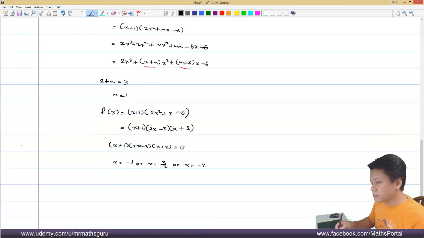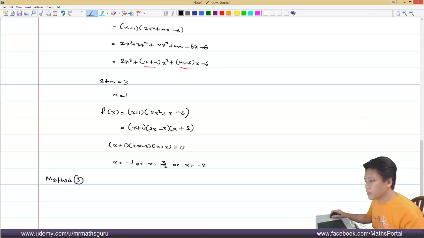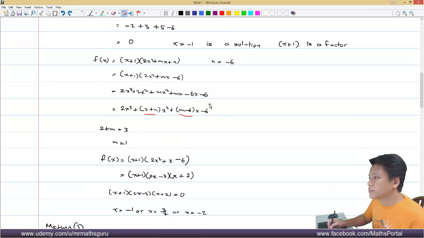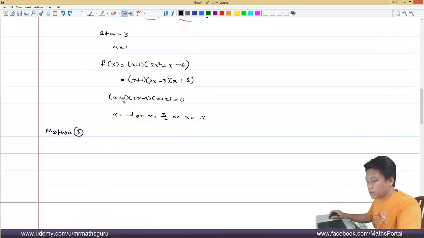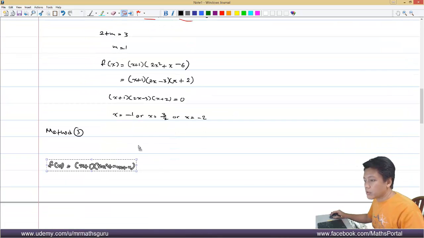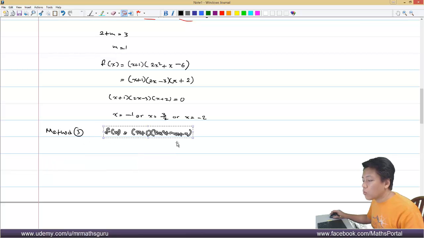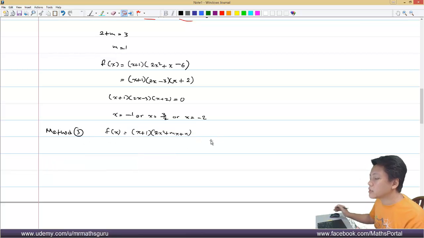Method 3. I'm going to borrow this, assuming that we have already done the necessary step to figure out one of the factors of the cubic expression. So x plus 1 is one factor.